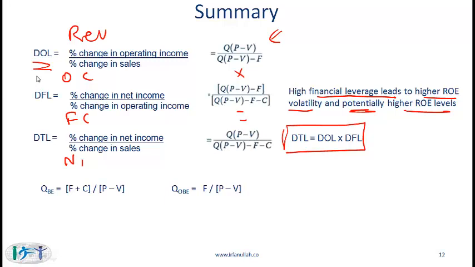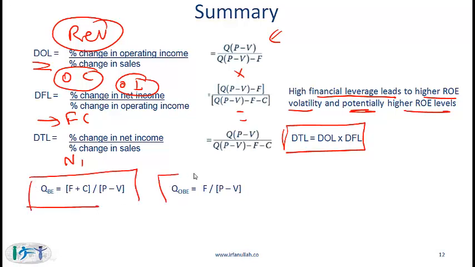Degree of operating leverage is showing the relationship between revenue and operating costs, or you can think of it as follows. Degree of operating leverage is showing the relationship between revenue and operating income, where operating income is revenue minus operating costs. Degree of financial leverage is showing the relationship between operating income and net income, which obviously is based on financial costs. Then the formulas for the break-even point and the operating break-even point are given right here.